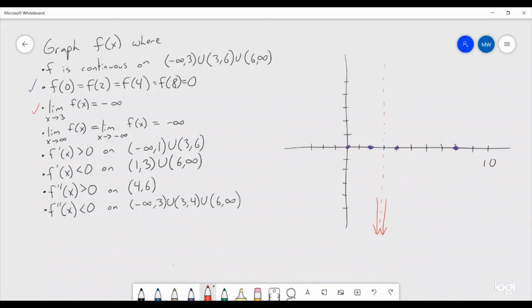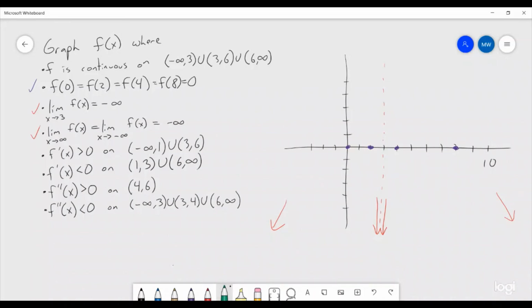What are we able to do with some of these other pieces, though? Like, the limit as x goes to infinity is negative infinity. What does that mean? That means that way out here, it's going down to negative infinity, and then as x goes to negative infinity, it's also going out to negative infinity. So that just gives us the direction of what's the long-term behavior.